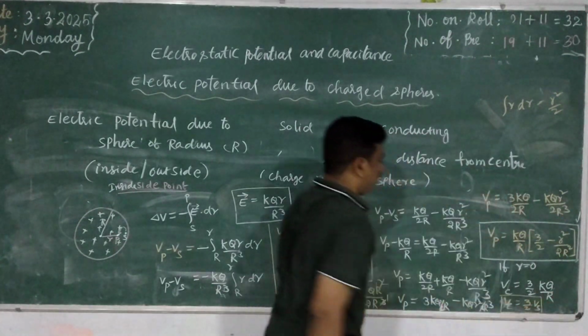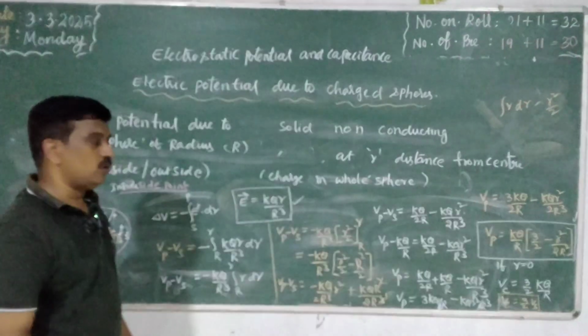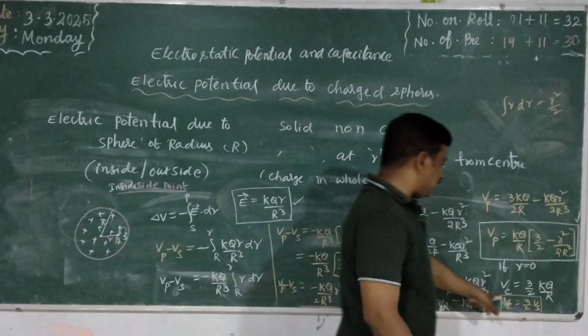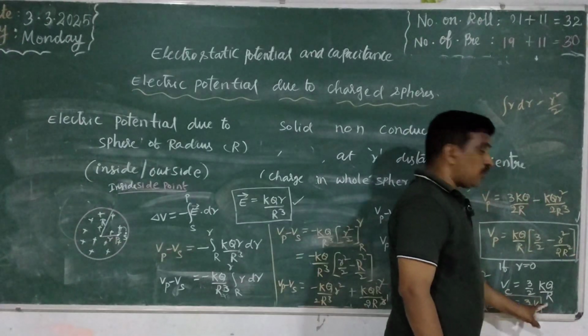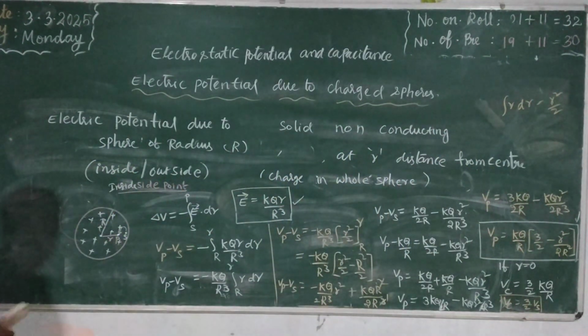Why? Because KQ by R is the potential on the surface due to a non-conducting solid sphere. So potential at center equals 3 by 2 potential at surface. So this is the electric potential due to a solid non-conducting sphere of radius capital R.